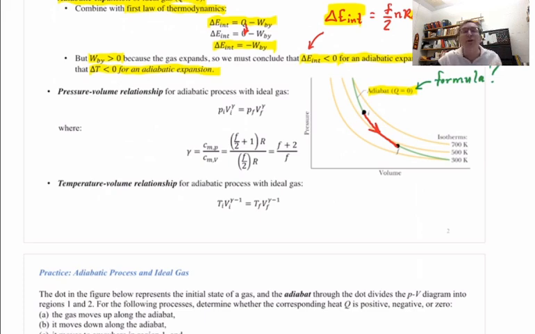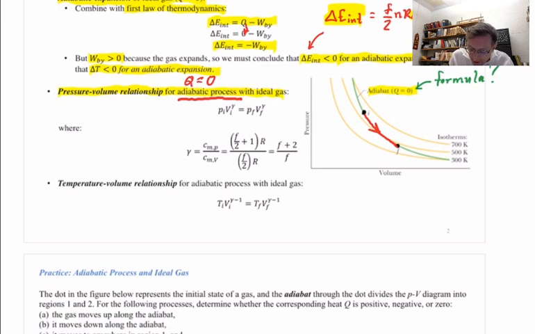And I'm just going to tell you what you can learn. You can get a very helpful relationship between the pressure and the volume of the gas if it's an adiabatic process. Remember now, what we're about to write is only valid if Q equals 0, and it's an ideal gas. Are you ready? Now it looks a little odd, but it is useful. It goes like this.